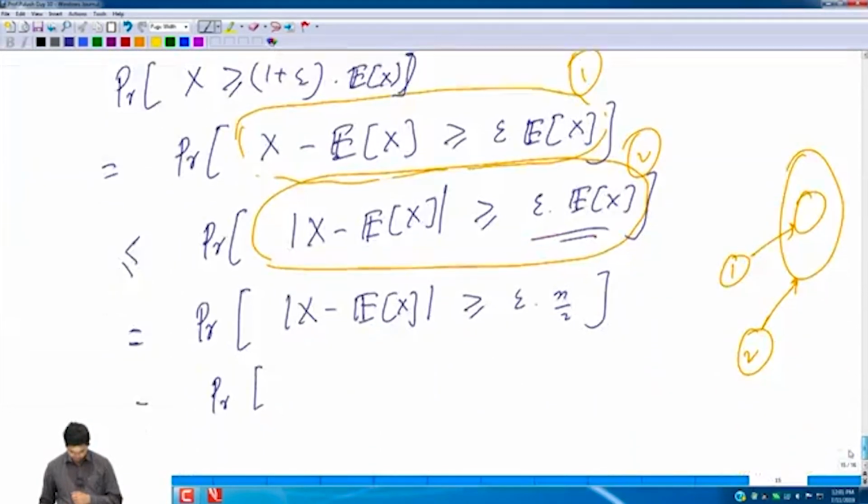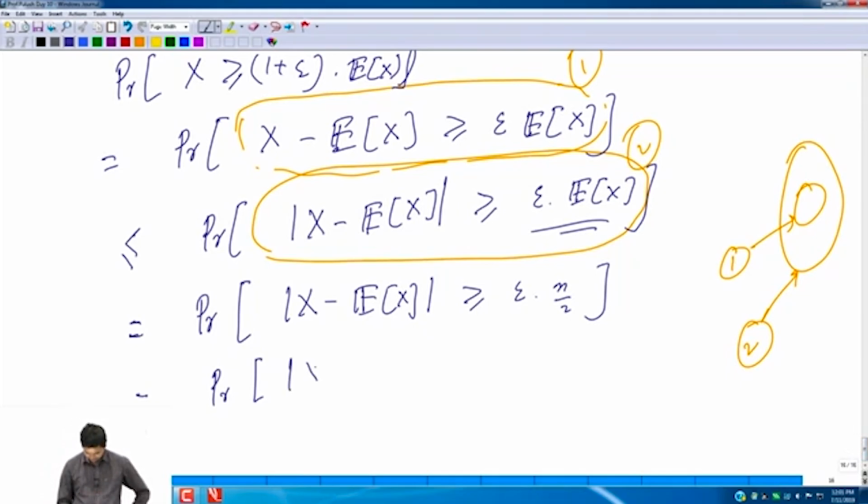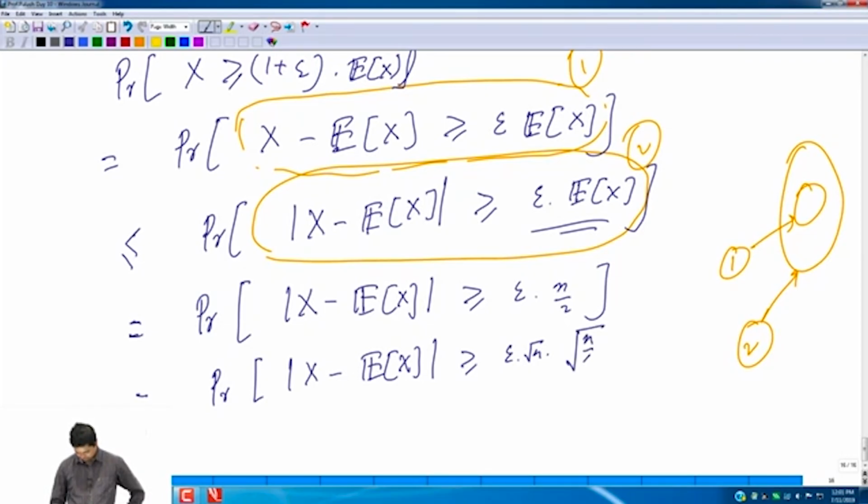So let me write it. Correct. So this is my C, sort of, a constant C. And now we apply Chebyshev.